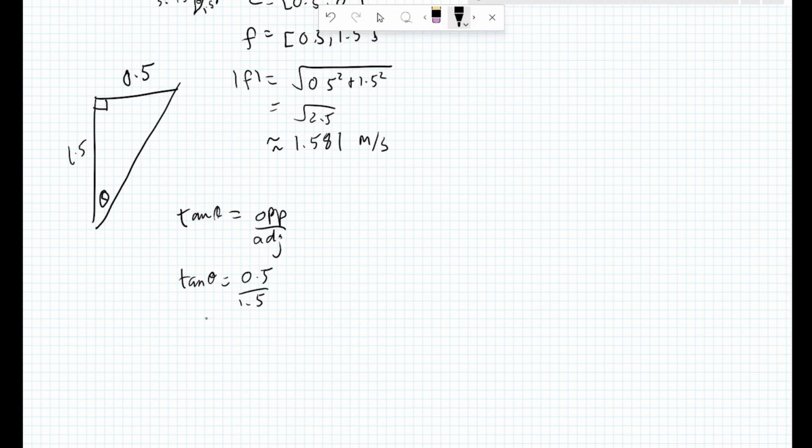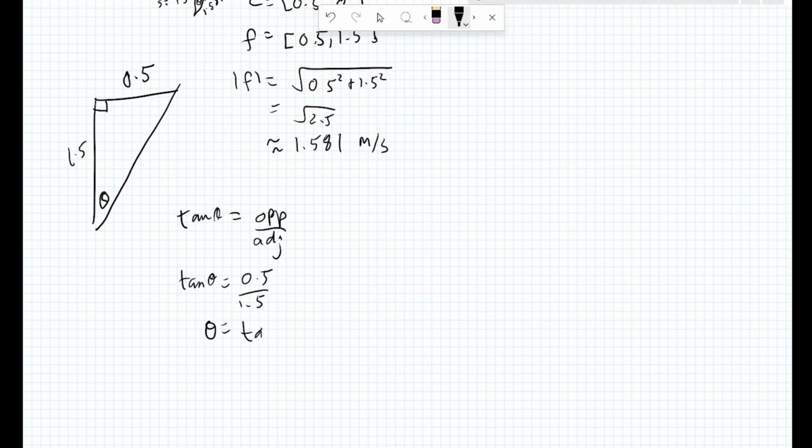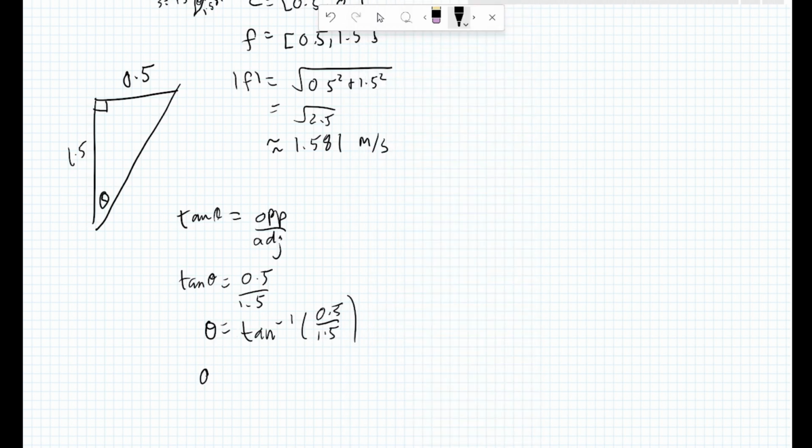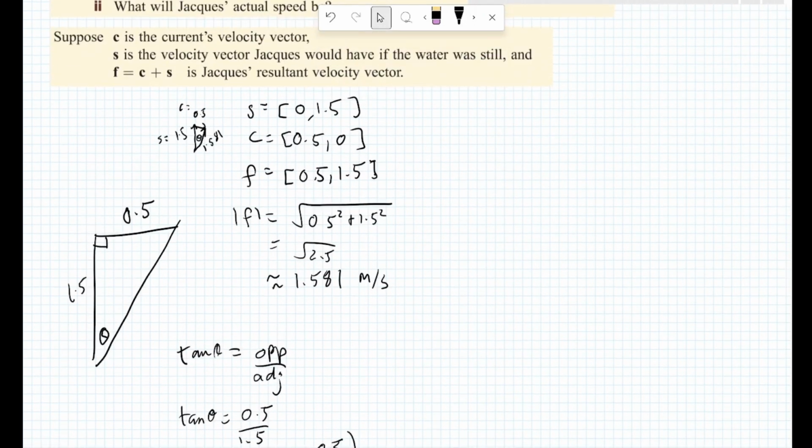So theta equals inverse tan of 0.5 over 1.5, just like that. Make sure you calculate it in degrees, not radians. Inverse tan of 0.5 over 1.5 gives 18.435. Great.